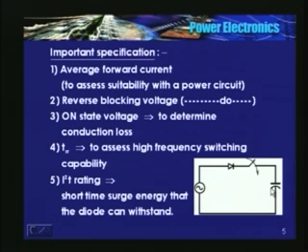You have closed the switch, a large surge current will flow, and the diode should be able to withstand this surge current, which is higher than the average current rating. So that's about the diodes, the so-called uncontrolled switch.